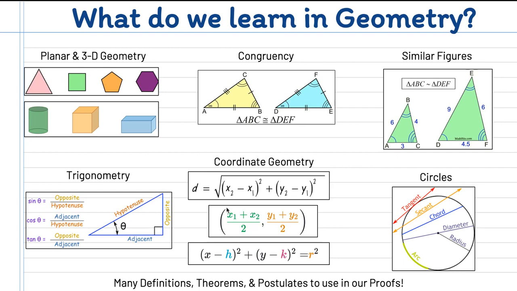And we'll also focus on things like the equation of a circle. We also have a unit on circles, so we'll learn about all the different parts, tangents, secants, chords. How do we find arc length, as circles tend to be on the SATs when they will be taking them as seniors. And then we'll learn many definitions, theorems, and postulates that we're going to use in our proofs throughout the year.